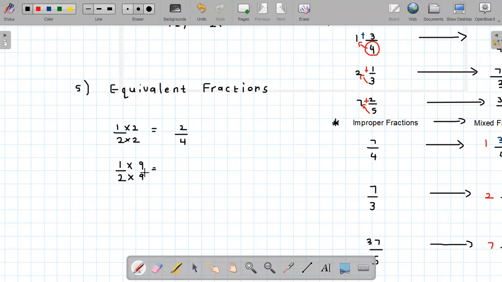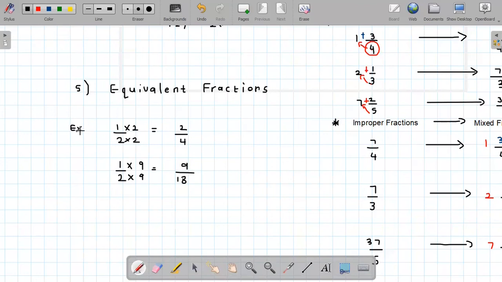Both the numerator and the denominator should be multiplied by the same number. So 9 into 1, 9, 9 into 2, 18. 9 over 18 is the equivalent fraction for 1 over 2. So likewise, we can consider so many equivalent fractions for a given fraction, right?